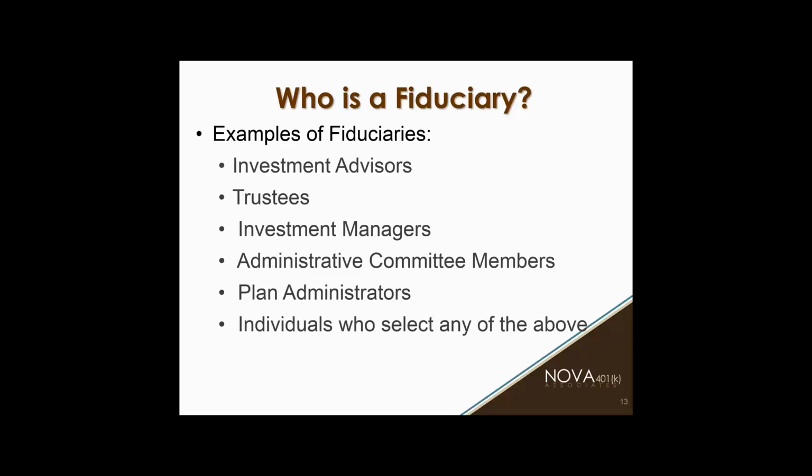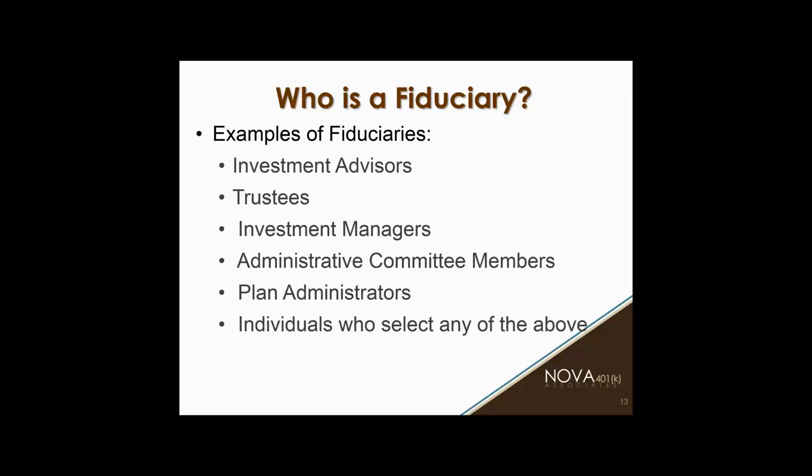And that can include quite a few different types of people. As we see here, that includes your investment advisor, who was on the previous chart, and the trustees to the plan. Again, the trustees have the most control over the plan and are typically named in your legal plan document. The investment managers, that are at Voya and John Hancock and whoever you use. If you have an administrative committee, all the committee members who are making decisions about the plans would be fiduciaries.